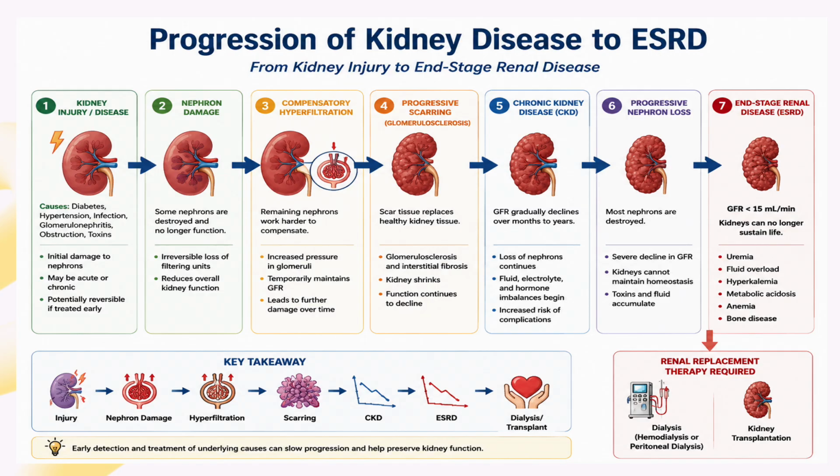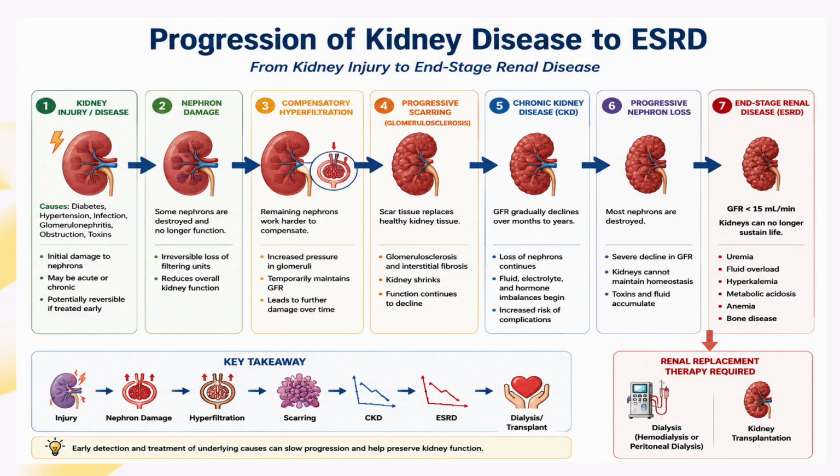The remaining healthy nephrons attempt to compensate by increasing their workload and filtration rate, and this process is called hyperfiltration. While the compensation helps maintain kidney function temporarily, the increased pressure gradually damages the surviving nephrons, right?